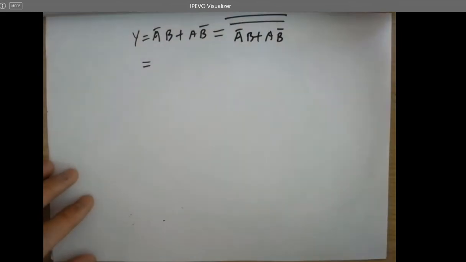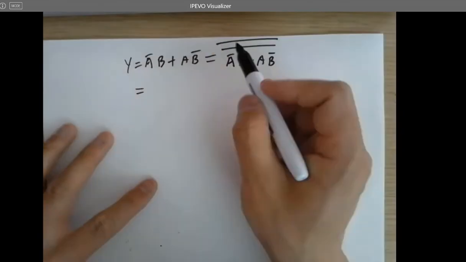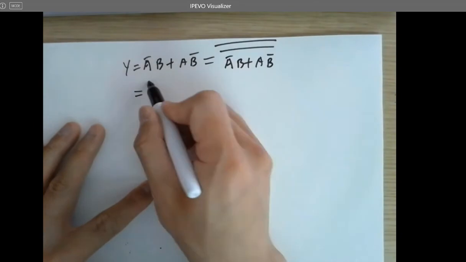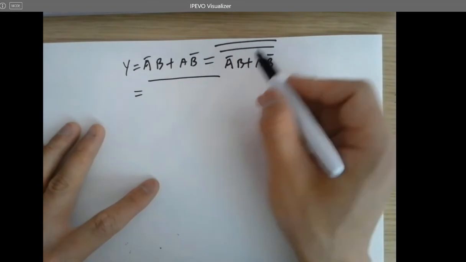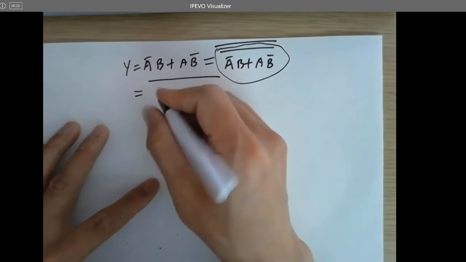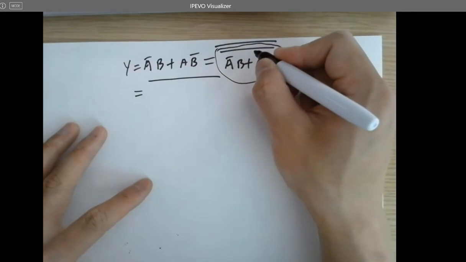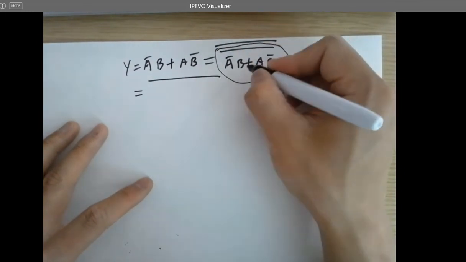For the XOR gate, I keep the overall bar on the top and just convert this part. Let's see how that works. According to De Morgan's law, if I want to convert this one, I need to split the bar and change the sign.